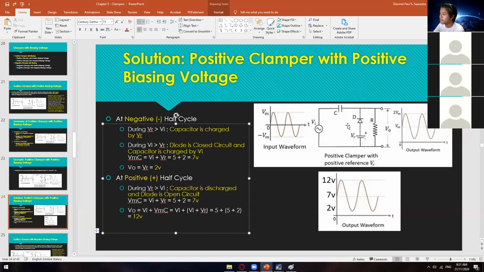And then when V sub I is greater than V sub R, the diode now is closed circuit, negative to negative, yeah, closed circuit. That's right. And the capacitor is charged by V sub I. Yeah, that's right. And then VMC now is equal to, so let me just remove this one, okay?